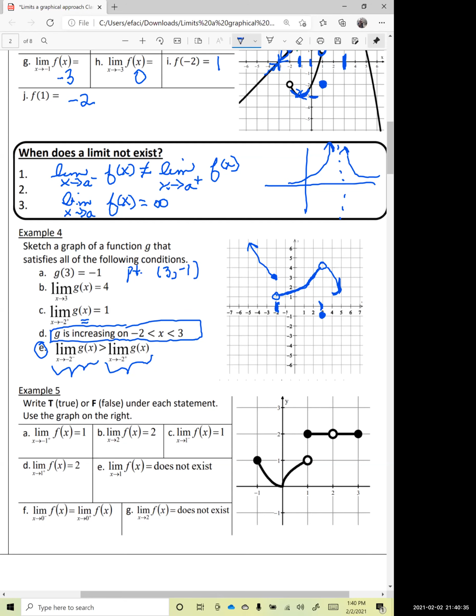Okay, so true. So x is approaching -1 on the right. So here's -1, and then on the right, it's saying we're coming up to 1. Yep, so that's great. That's true. What about the limit as x is approaching 2 of f of x equals 2? True or false?